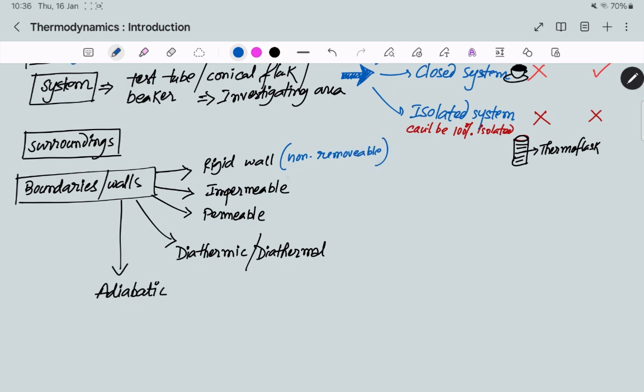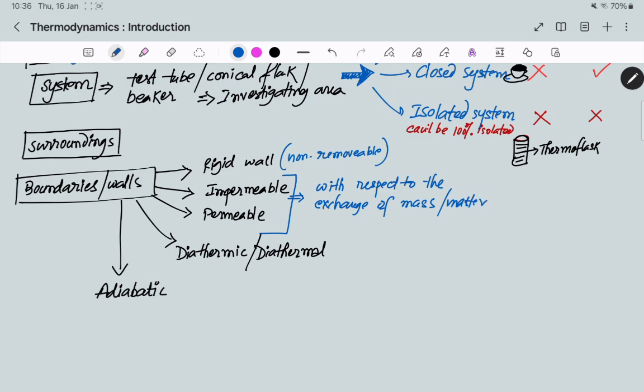Now for impermeable and permeable, we are classifying this with respect to the exchange of mass. Impermeable walls means a wall which prevents the passage of matter is called an impermeable wall. Passage of mass or matter.